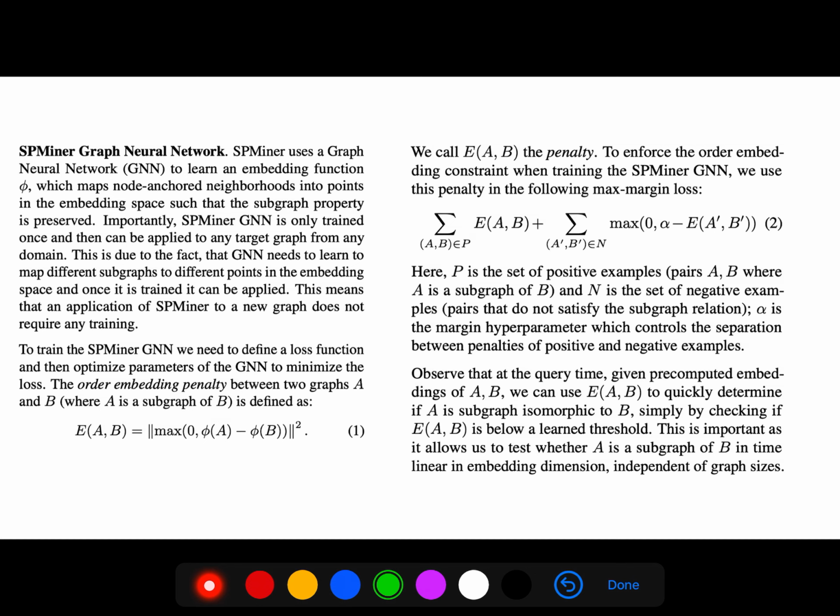To train the SPMiner GNN, we need to define a loss function and optimize the parameters of the GNN to minimize the order embedding penalty between two graphs A and B, which is defined like this, and we call it the penalty. And to enforce the order embedding constraint when training, we use this penalty with a max margin loss technique.